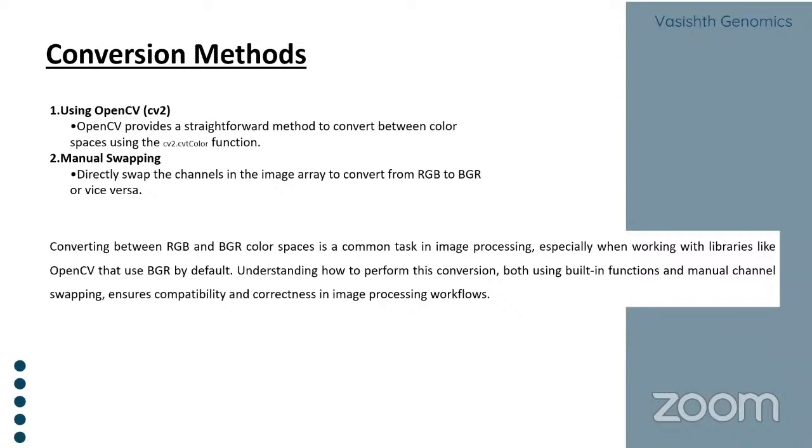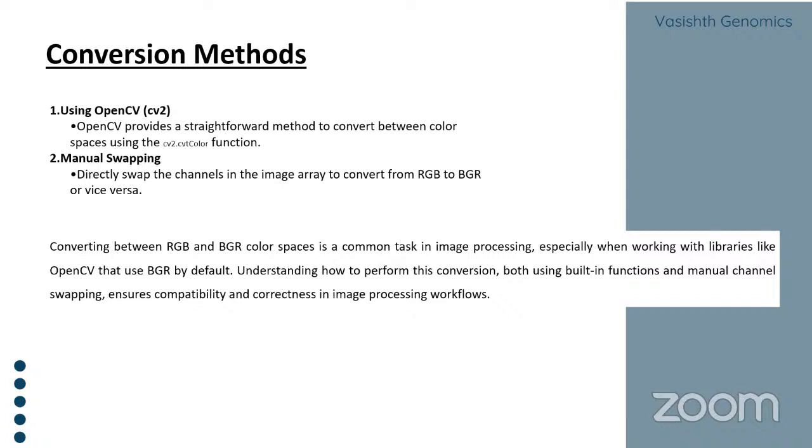So the conversion method: OpenCV provides a straightforward method to convert between color spaces using the cvtColor function. Or manual swapping: directly swap the channels in the image array to convert from RGB to BGR and vice versa.